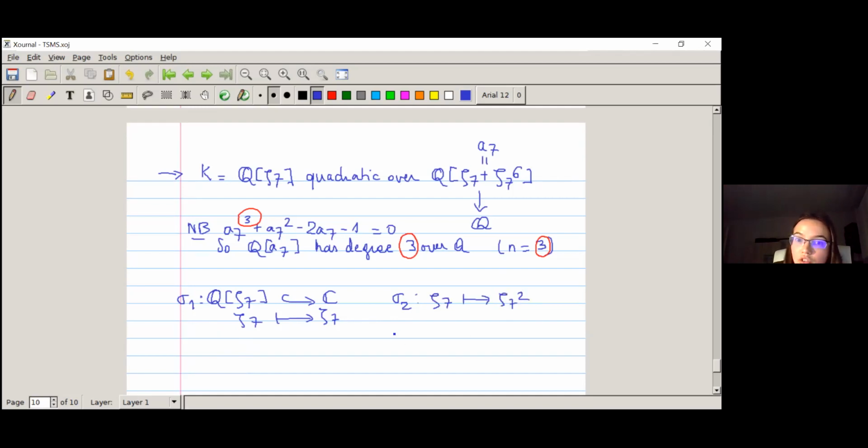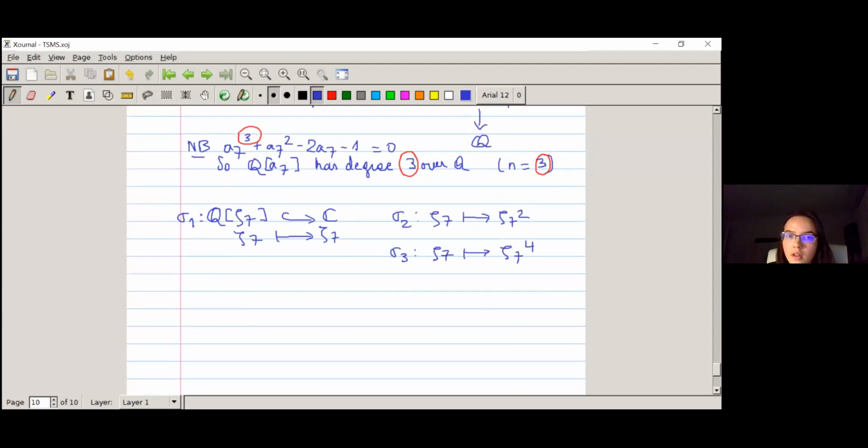It's like the Galois conjugates for those who have done Galois theory before. You can take it to any other root. And here I just picked these 3 ones, sigma 1, sigma 2, and sigma 3 to zeta 7 to the 4. So this is a CM type.